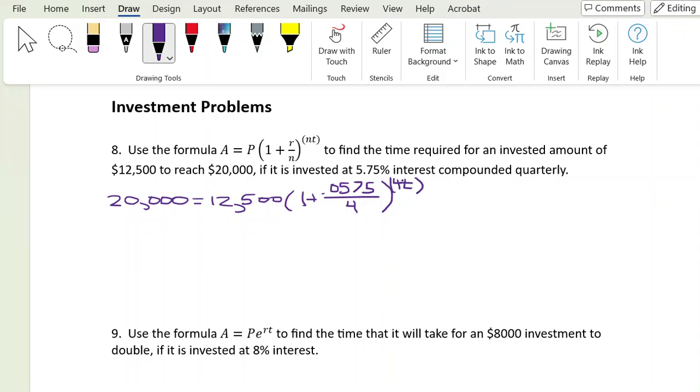So, my first step in solving for T is going to be to divide both sides by 12,500.